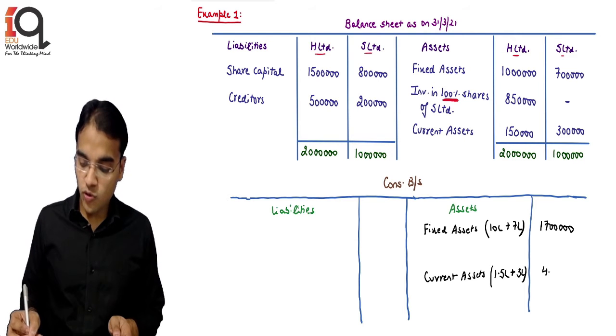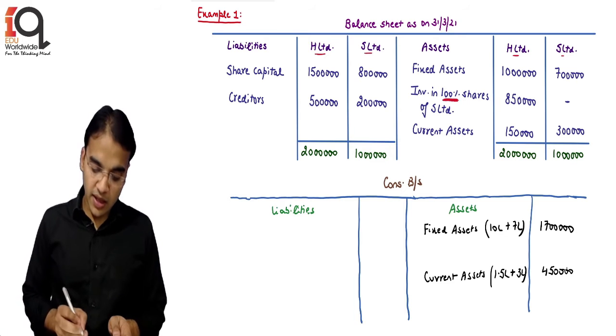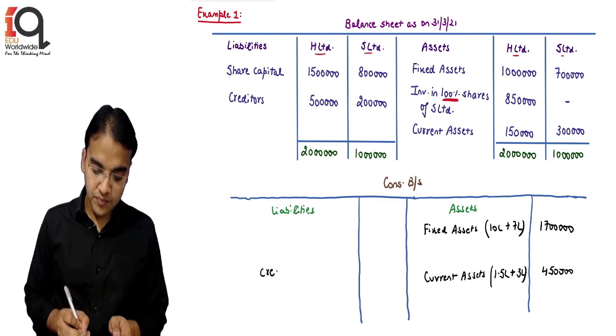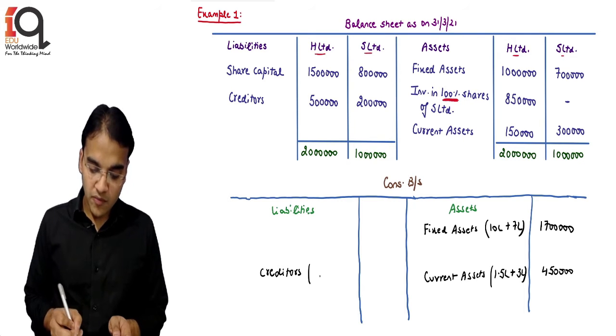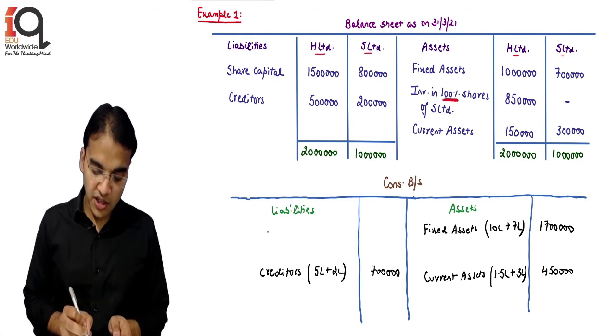So the total is 4 lakh 50,000. Then there are creditors here, which is 5 lakh plus 2 lakh, that is 7 lakh. These are the simplest items. And then there is a share capital as well.